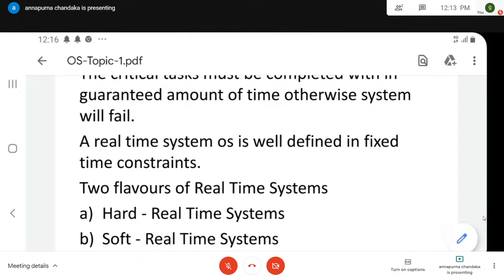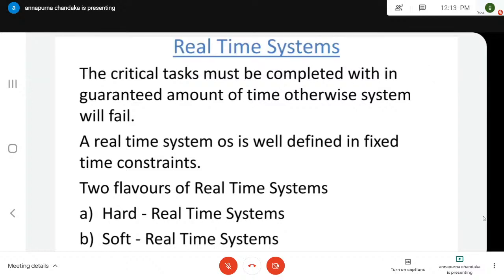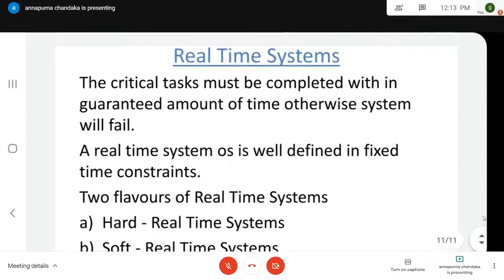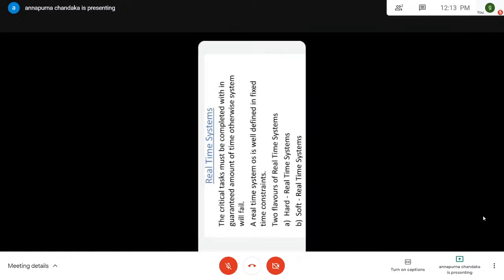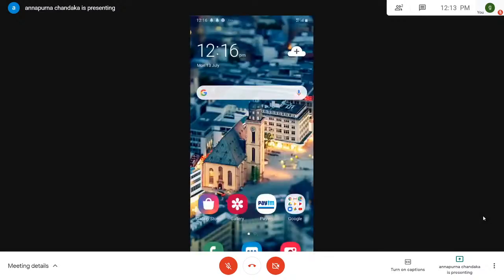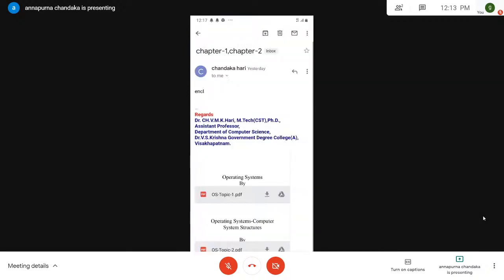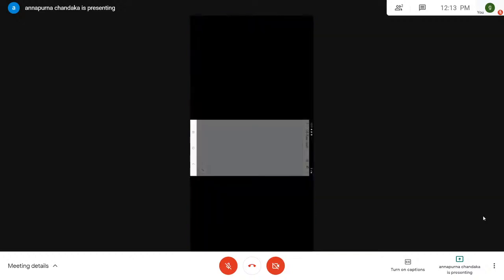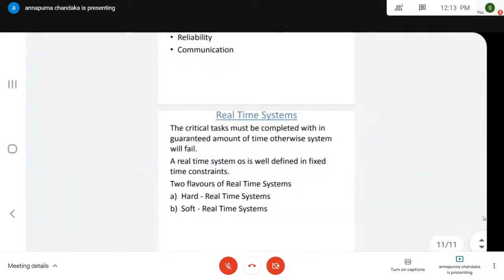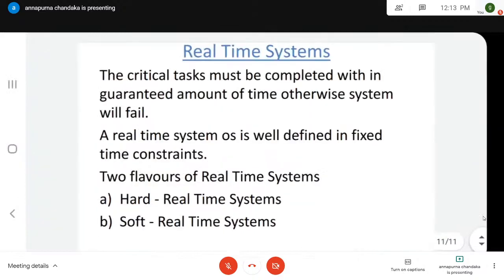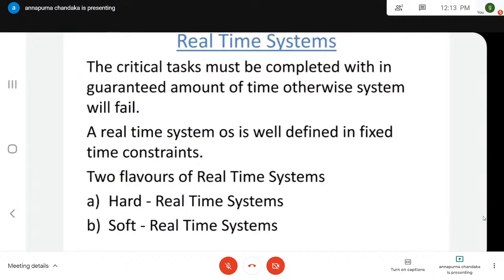That implies in case any operating system has been designed with the principles of time constraints, such an operating system is called a real-time operating system.